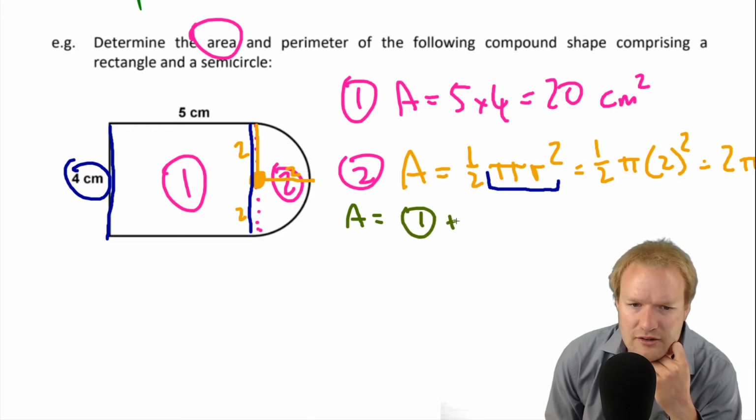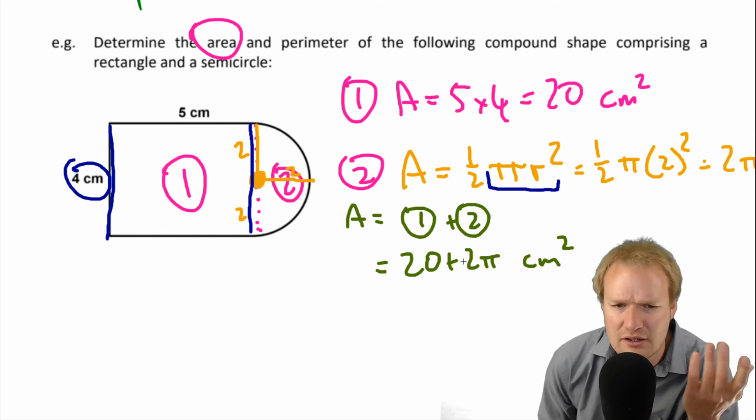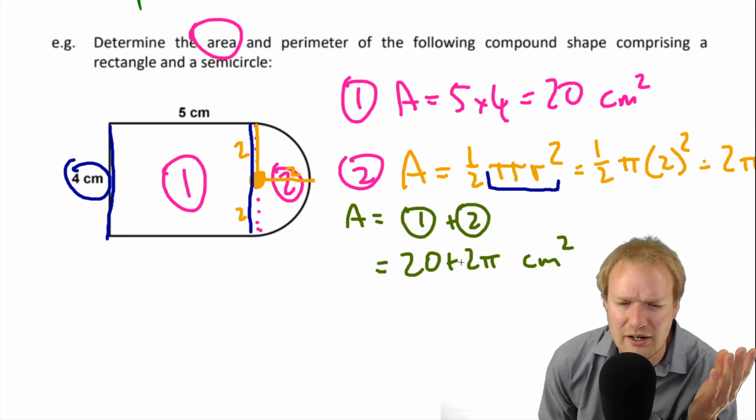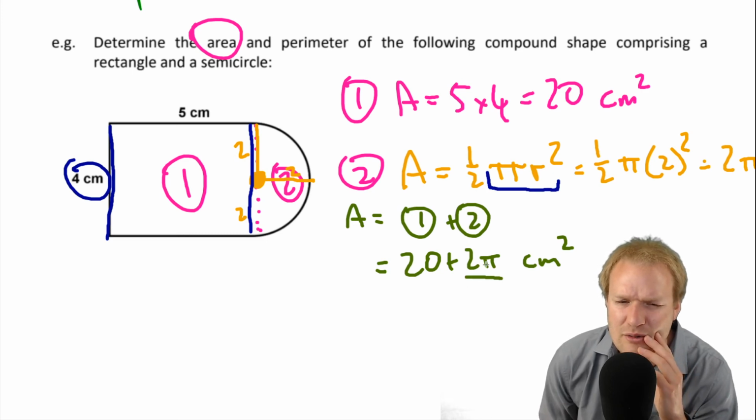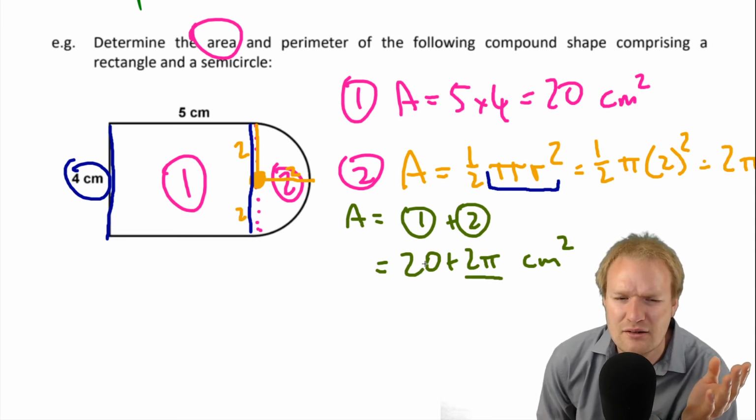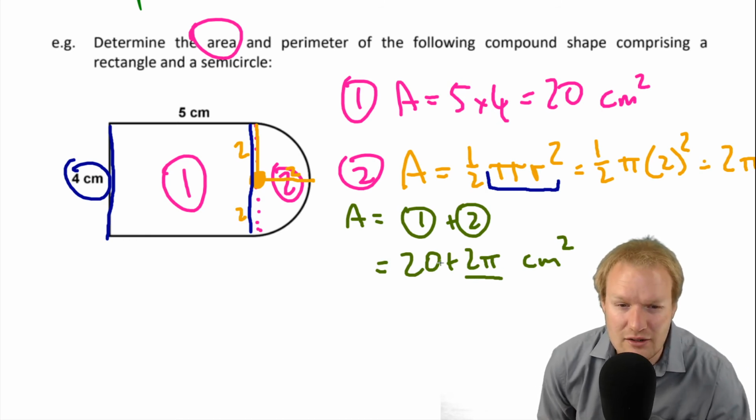So we need to take the first area and add the second area. So we've got 20 plus 2 pi centimeters squared. We can't just go 22 pi, because remember pi is about 3 point something. So the second part is 6 point something, and 6 point something plus 20 must be 26 point something.